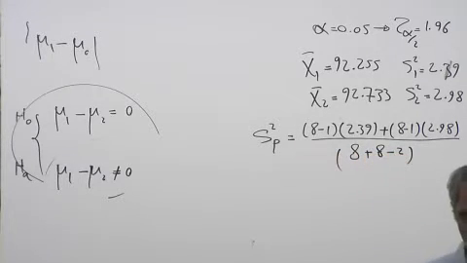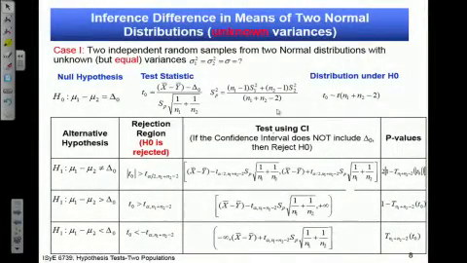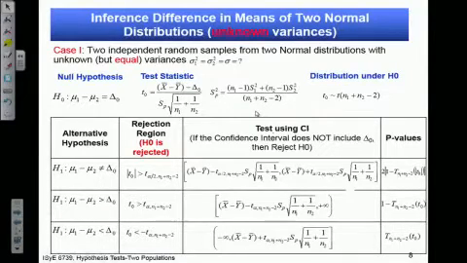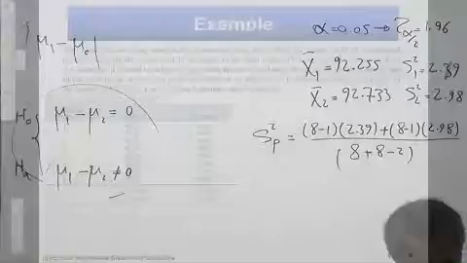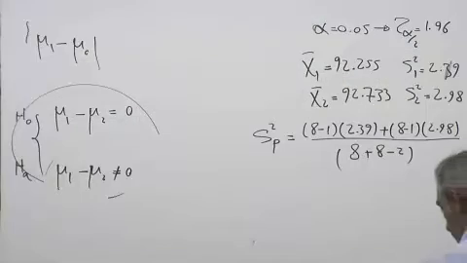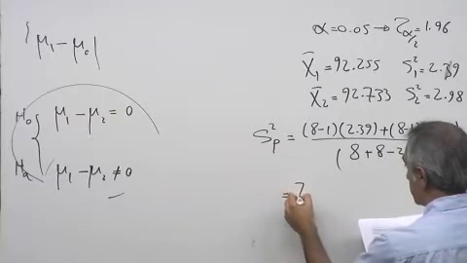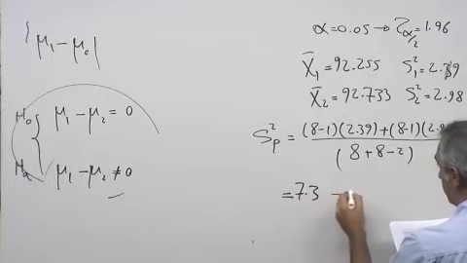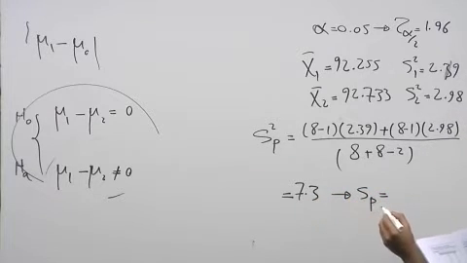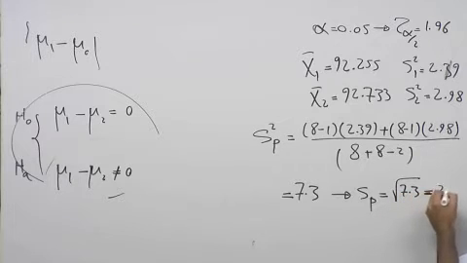So I'm using this equation for pooled variance. And N1 and N2 are the same, equal to 8, because I have 8 observations, as you can see. So this number is 7.3. Therefore, the standard deviation is this guy, which is 2.7.